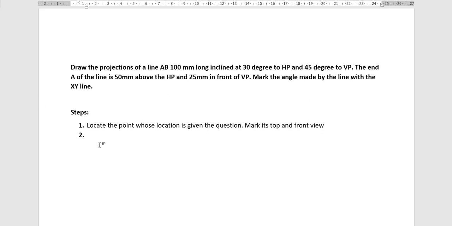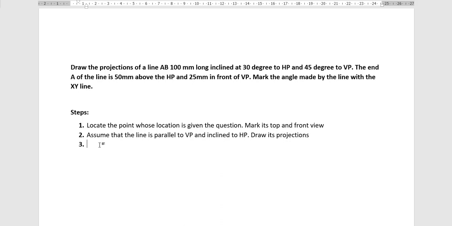The second step is to assume that the line is parallel to VP and inclined to HP and draw its projections.